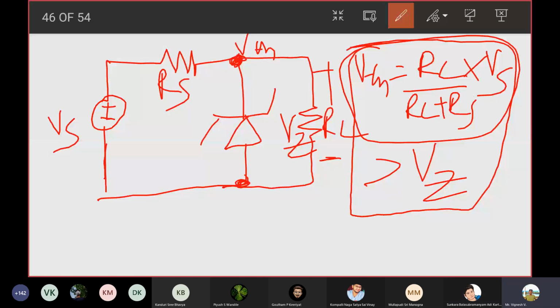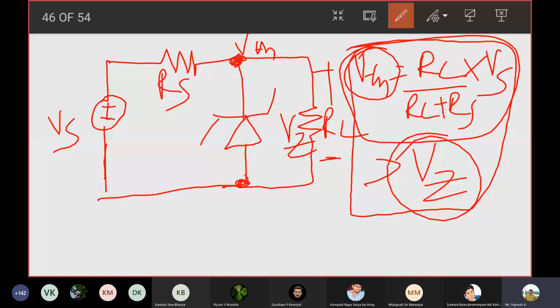Say you connect a circuit like this and your VTH, which is RL divided by RL plus RS into Vs, comes to, say, 6 volts, and your Zener voltage is given as 10 volts.